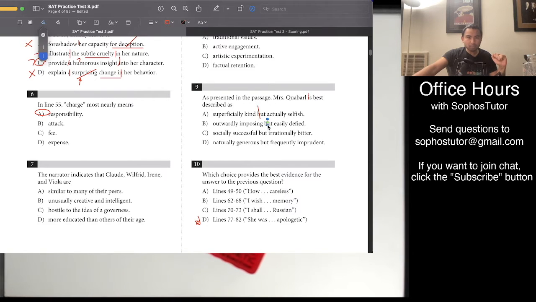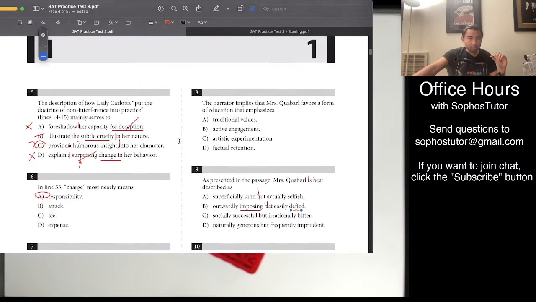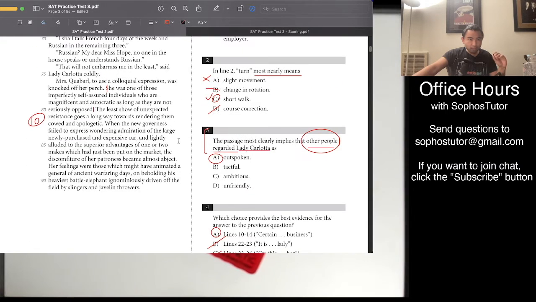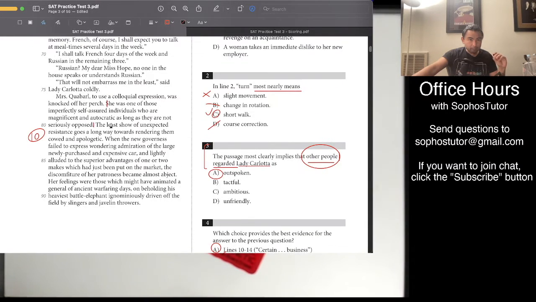Outwardly imposing. Okay. She's imposing, I would definitely say. Being autocratic supports that. Is she outwardly imposing? Yeah, I would probably say that as well. But easily defied. Okay, if we go back to the quote, can she be defied easily?